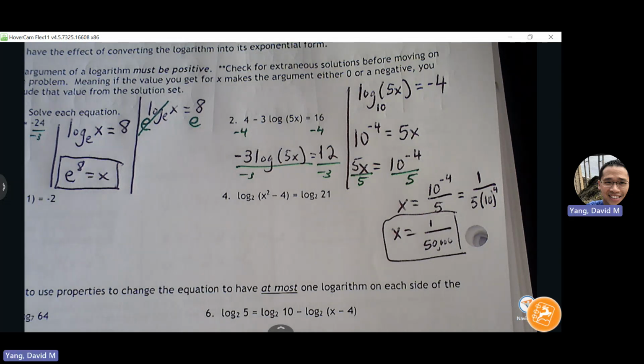Then I can do 10 divided by 5. But this is stuck to the exponent. We have to do order of operations if we want to combine it, right? The exponent needs to be resolved first before any division can happen. Plug that into the calculator, if it's exact, yes.